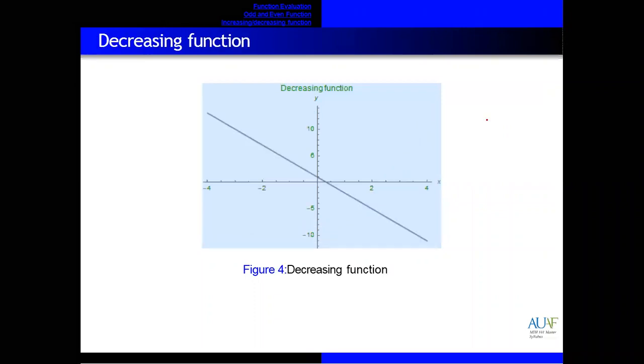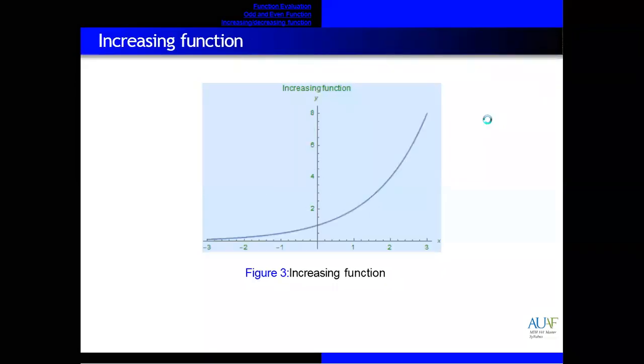Now you can see the increasing function graph and the decreasing function graph. This graph is called an increasing function. x is increasing, y is also increasing. For an increasing function, both variables are moving in the same direction.